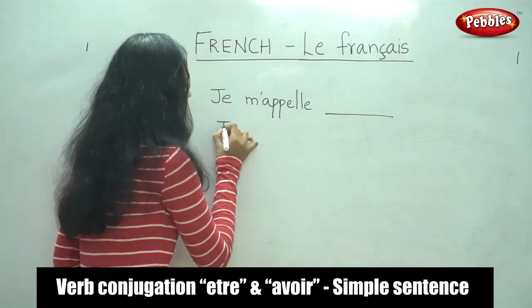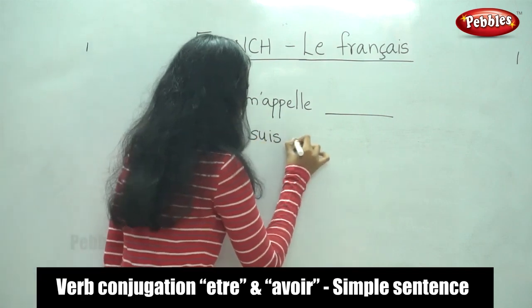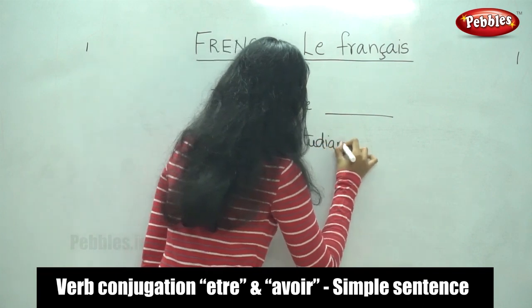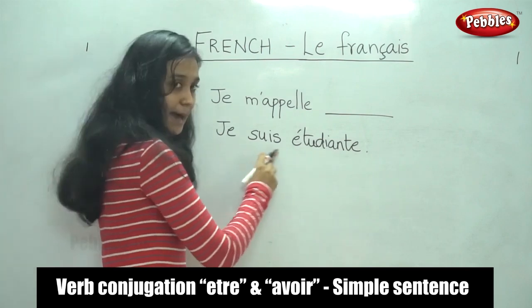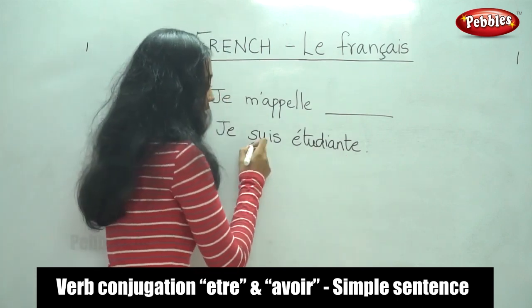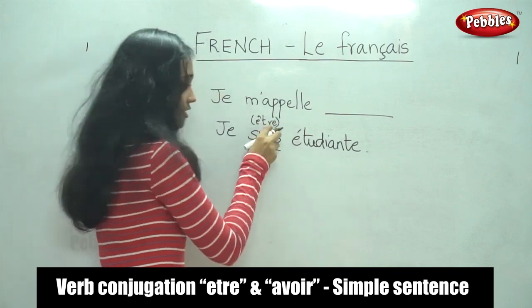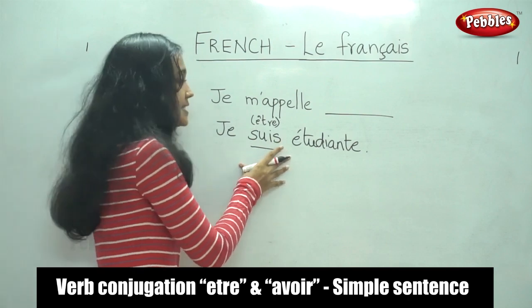So how would you say? Je suis étudiant. So I am a student. So this is the etre verb. For je, we say suis. This is how we apply it in a sentence.